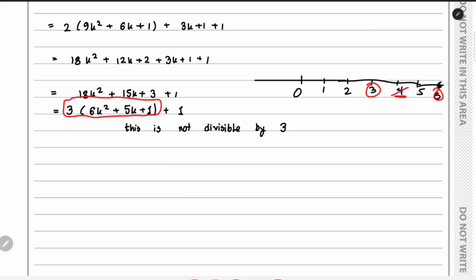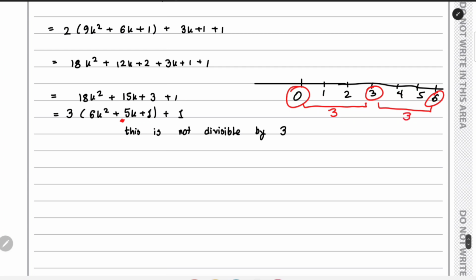If this whole term was 6, 6 plus 1 would be 7. This is not a multiple of 3. So it would be more than a multiple of 3. We can also think about it in another way. Multiples of 3 occur after every 3 values. So this gap over here is 3. This gap over here is 3.